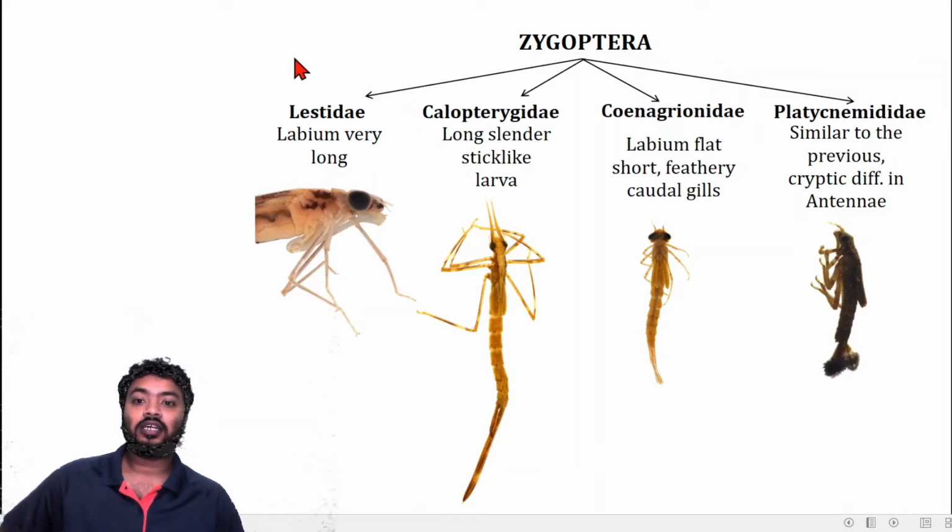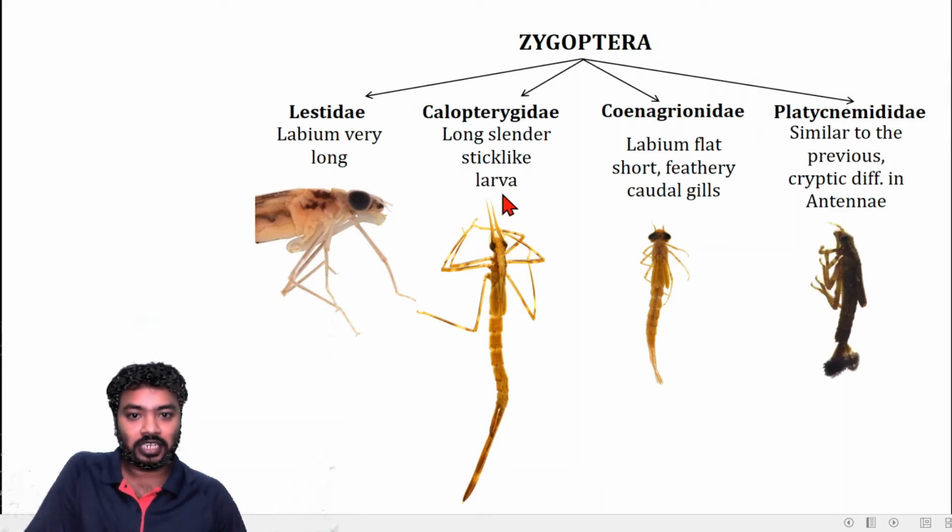That is the Lestidae, the spreadwings; the Calopterygidae, that is Vestalis and Neurobasis chinensis, the clear-winged forest glory and stream glory, and also the black-tipped forest glory. So these are the Calopterygidae. And Coenagrionidae is the most common family of damselflies we see in our locality, the blues, dartlets and darts.